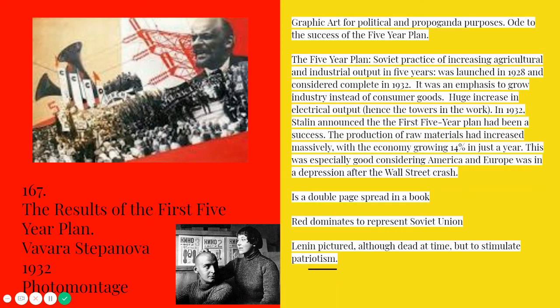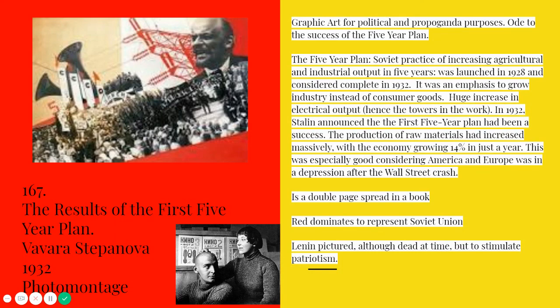This art piece then is an ode, kind of a dedicated piece to the 5-year plan. And it was a double-page spread in a journal, and I have an image of that journal on the next slide. It is so packed full of symbolism, from the colors to the images.